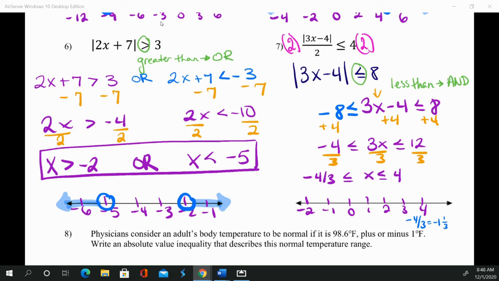As long as you write the solution, your number line can just be an approximate estimation of where that fraction value is. So it's closed on both ends. And it's an and, so we shade in between.